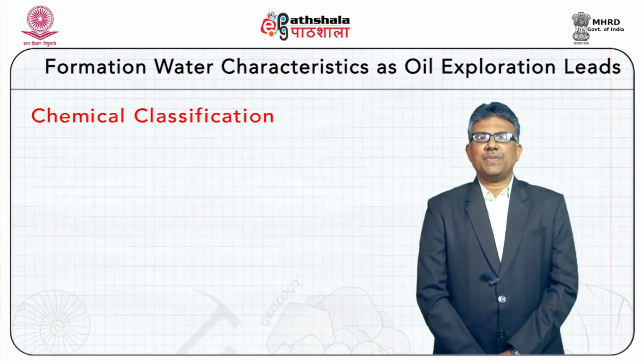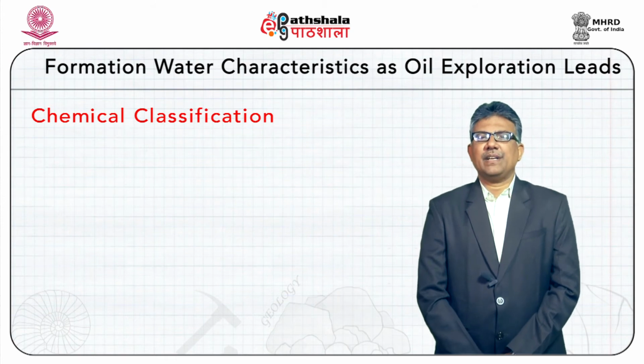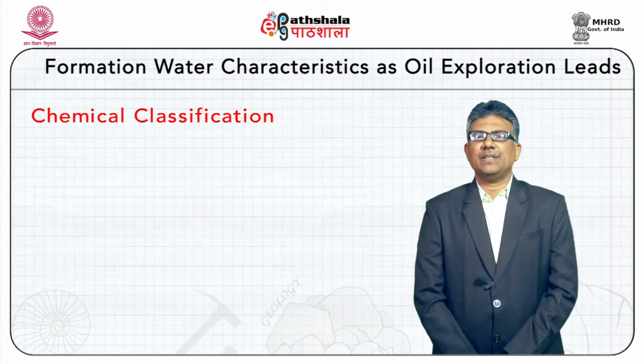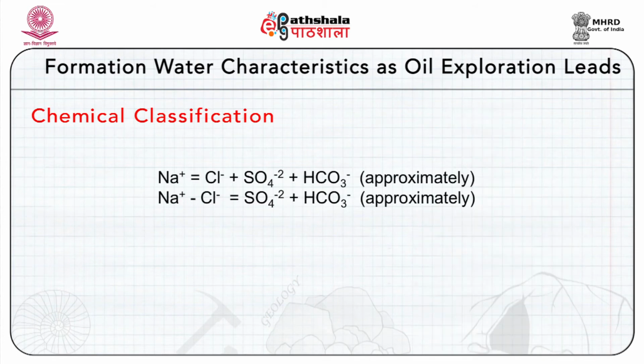Now, if it is assumed that sodium is the only cation present, then the sum of equivalent percentage of anions must nearly equal sodium. That is the equation that is shown, that is sodium is equivalent to chloride, sulfate and bicarbonate. So if I subtract chloride from sodium, that becomes equivalent to the sulfate and bicarbonate.